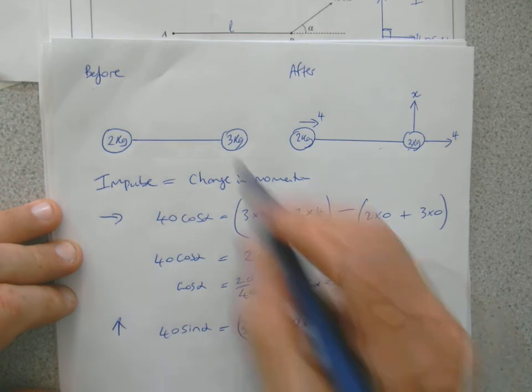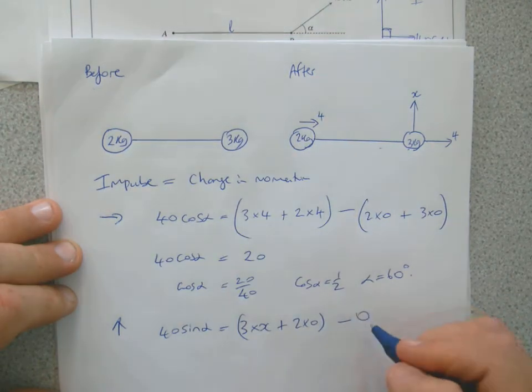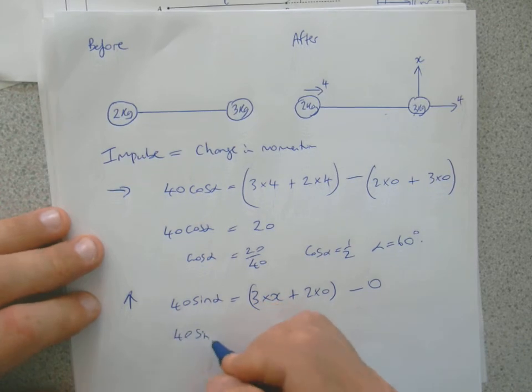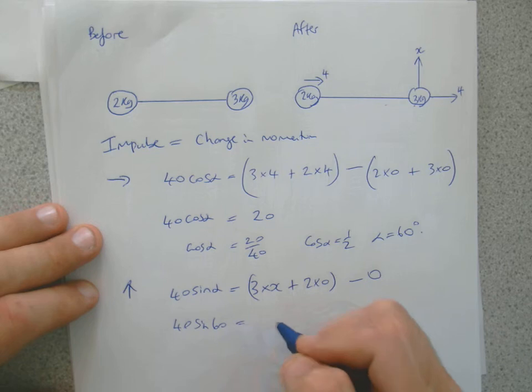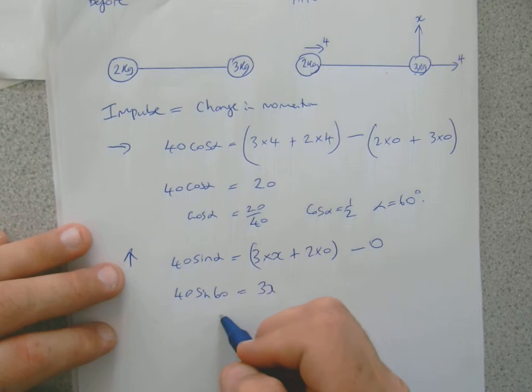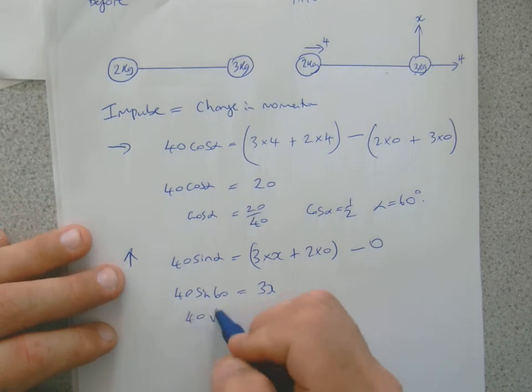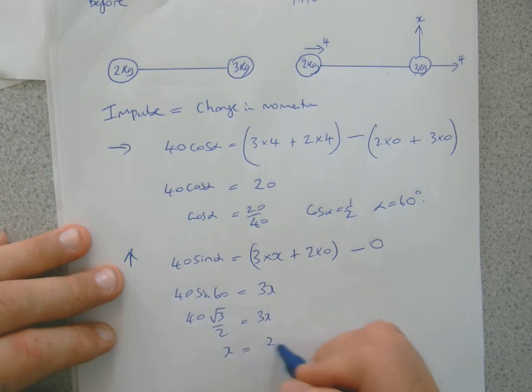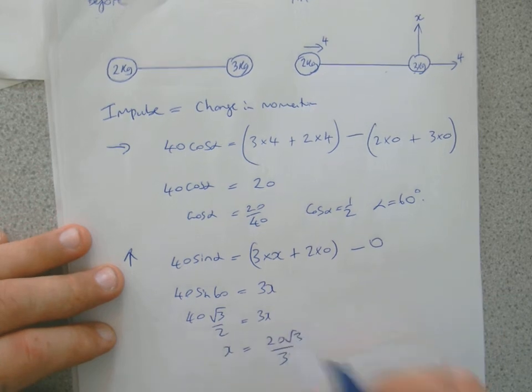Take away the momentum before, which is also 0. So we've got 40 sine alpha, and we now know alpha is 60 degrees, equals 3x. Simplifying, you get 40 times root 3 over 2 equals 3x. So x becomes 20 root 3 over 3.